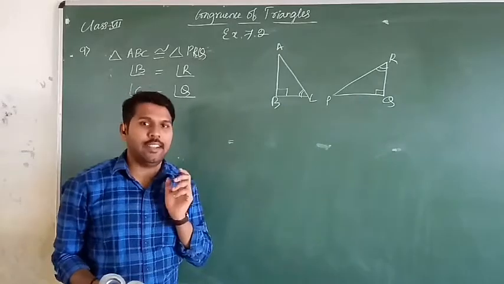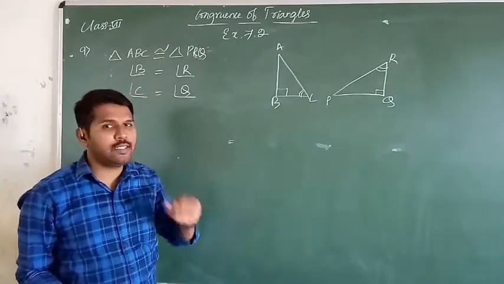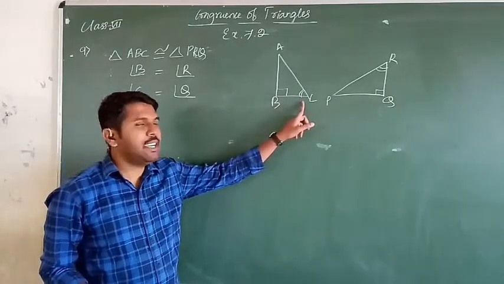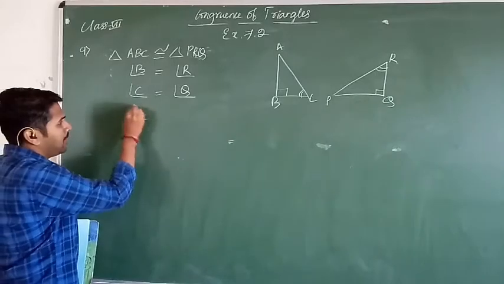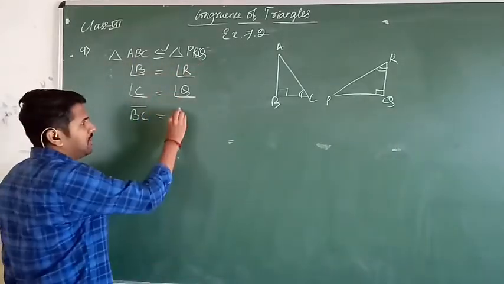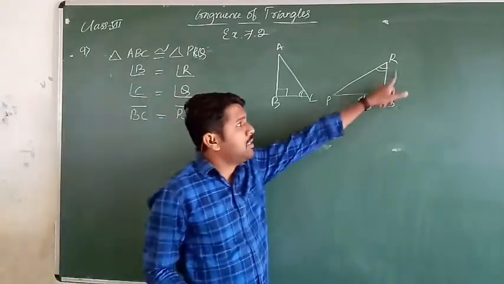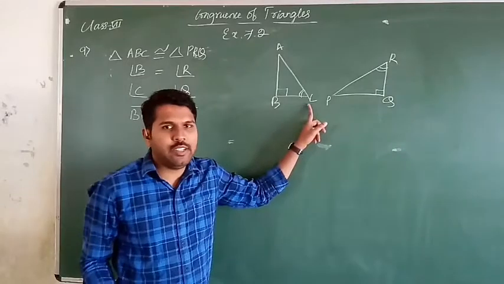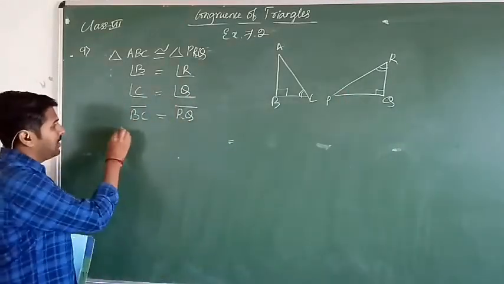What is that? Side. So which side? That side must include those two angles. This is the side, isn't it? BC. So here BC equals RQ, isn't it? These two sides are corresponding. That means these triangles are congruent.